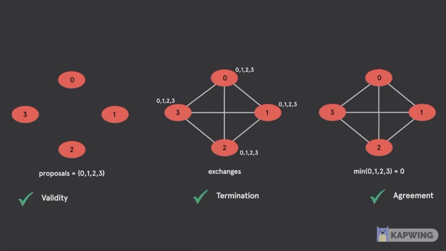The decided value can only be one of the proposed values, indicating that validity is ensured. Termination is satisfied because all the nodes eventually decide. Finally, agreement is satisfied because they decide the same value. We can see that all three properties of the consensus problem are satisfied, and this algorithm solves the consensus problem.